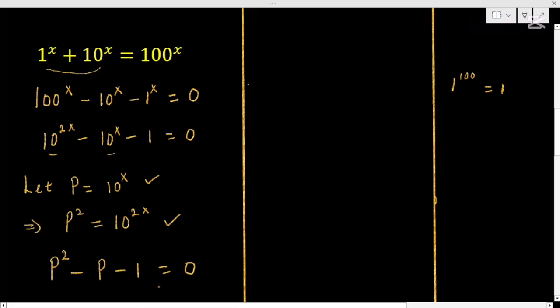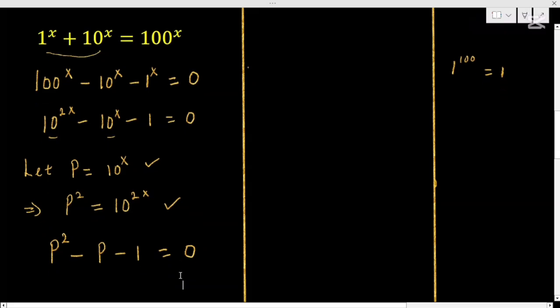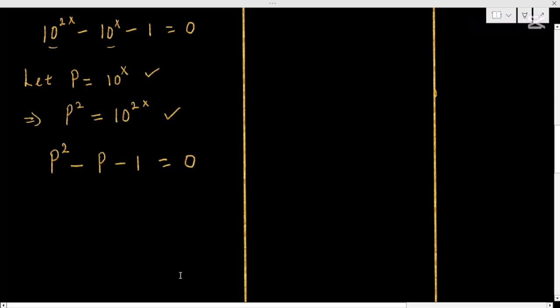Now, we see that what we have now is a typical quadratic equation, and it is not factorizable. So whenever we have a typical quadratic equation that is not factorizable, what do we do? We use the quadratic formula, which is P equals minus B plus or minus the square root of B squared minus 4AC, over 2A.